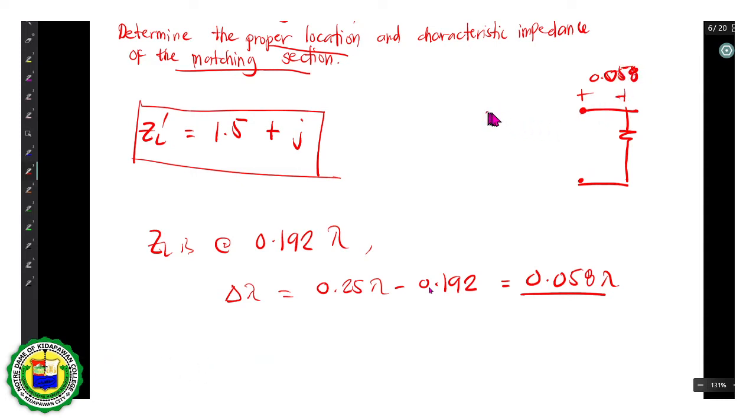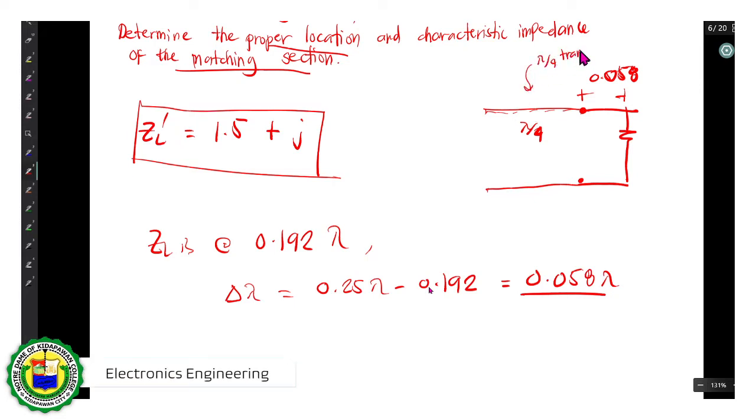Of course, the length of this quarter wave transformer should be 1/4 wavelength. So this is now the quarter wave transformer, and we are placing it 0.058 wavelengths from our load.